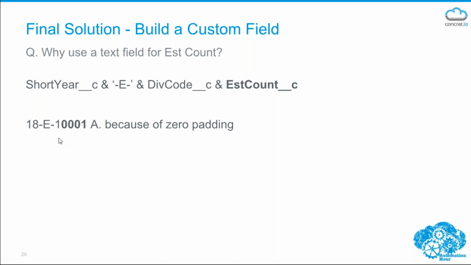So now, if they wanted to change what the numbers are, or add a division, you just add a record to the custom metadata type, and you won't have to touch the flow at all. It'll just pick it up. So that's a good thing.